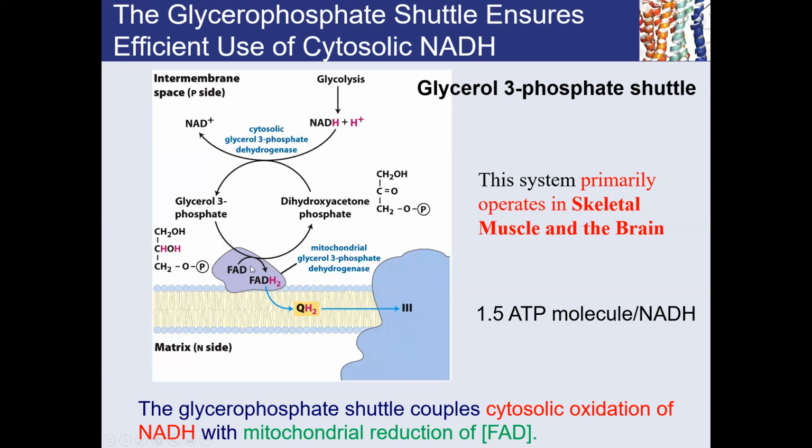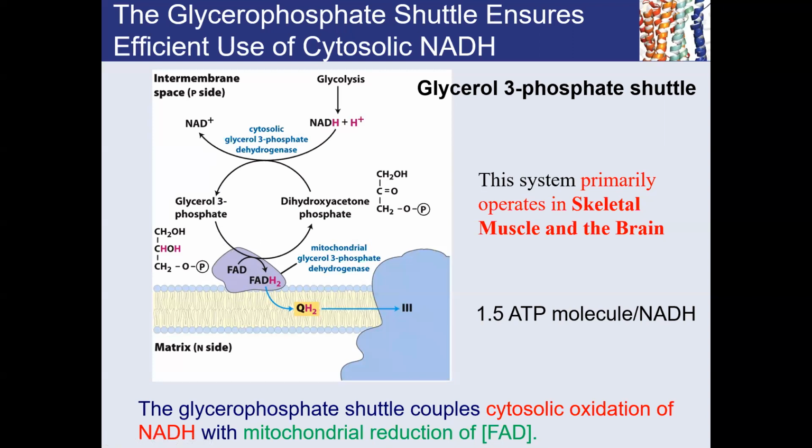Mitochondrial glycerol 3-phosphate dehydrogenase is bound to the outer face of the inner mitochondrial membrane. It is again bound to the outer face of the inner mitochondrial membrane.